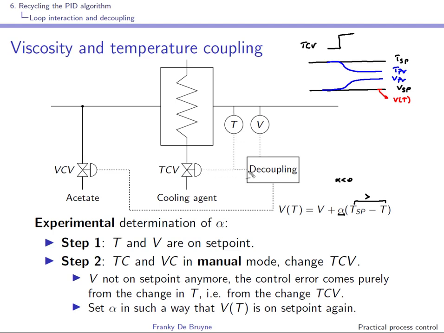And of course the temperature controller will start to react and adjust the cooling agent until the temperature is on set point again. But in the meantime, this controller will always see a viscosity that is on set point and will not react, and we have therefore decoupled the process.